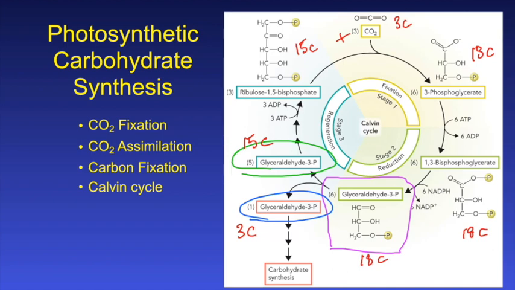All right? And then I might have to isomerize a little bit. Stage 3 becomes a very complex set of reactions that will regenerate my starting materials. Okay? I will not go into as much detail in that, but I do want you to understand the stoichiometry between those.